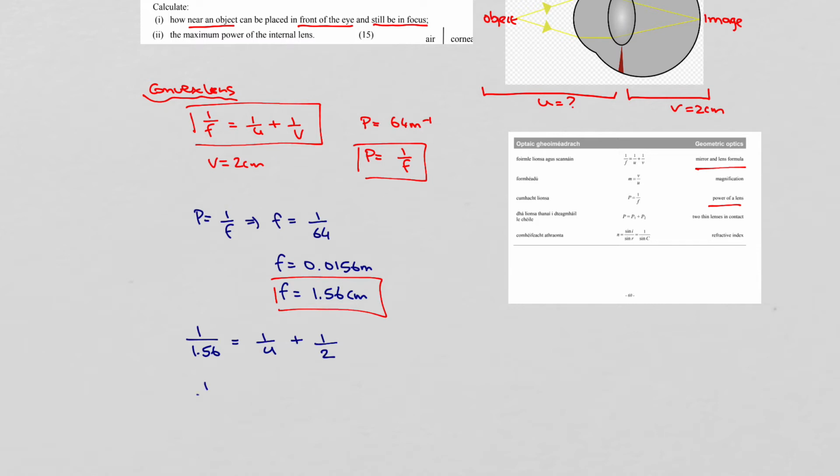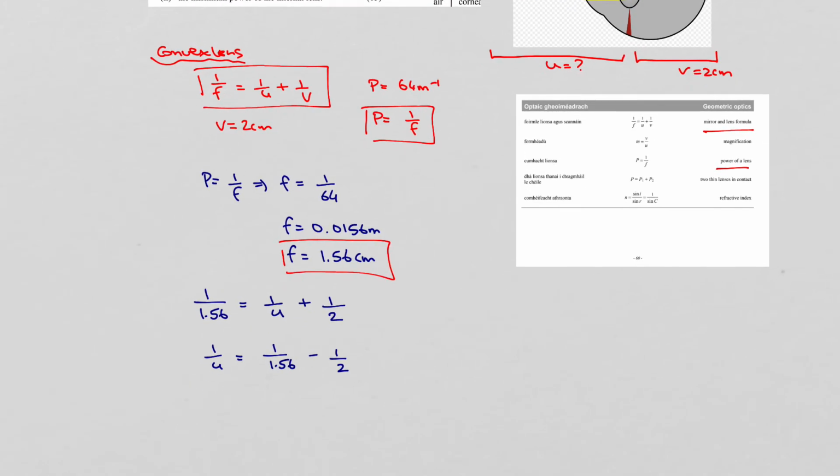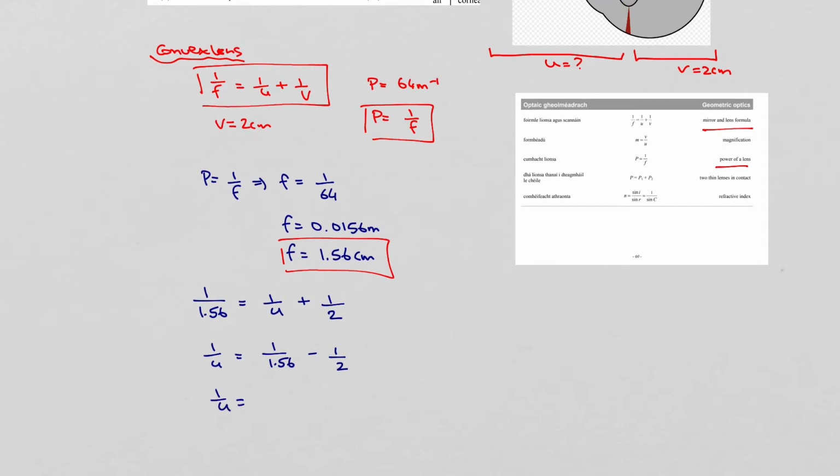So rearranging there gives us 1 over u equals 1 over 1.56 minus 1 over 2. So that gives us 0.141, 0.25641. So I want u though, so I need to invert that, which is 7.1 centimetres.